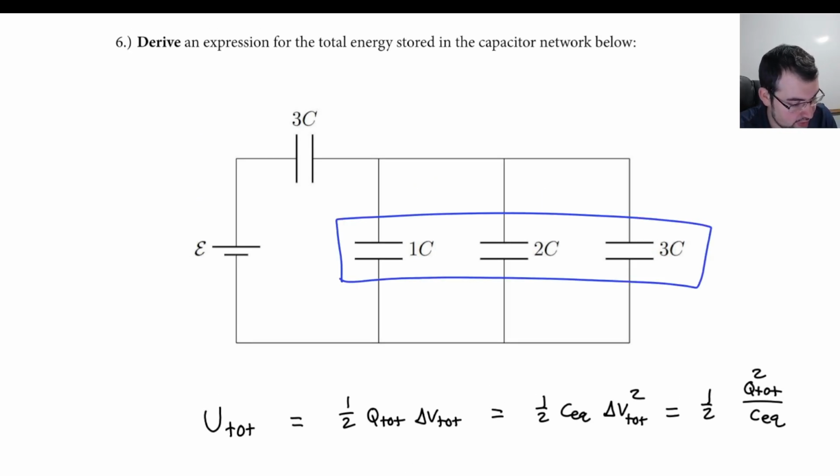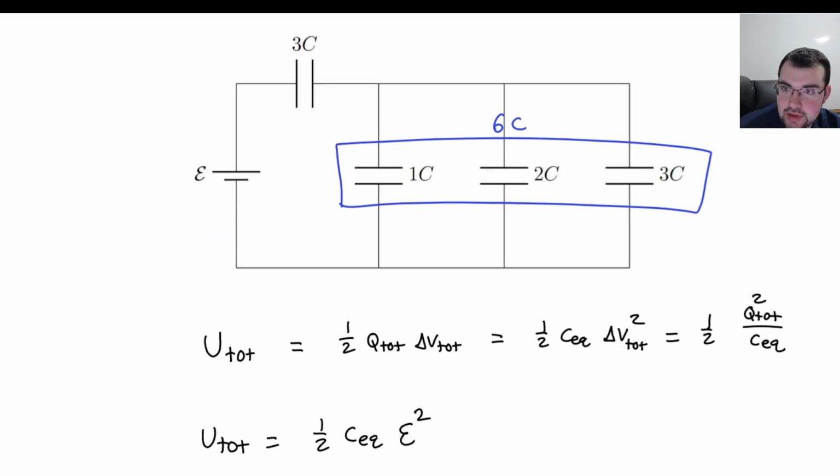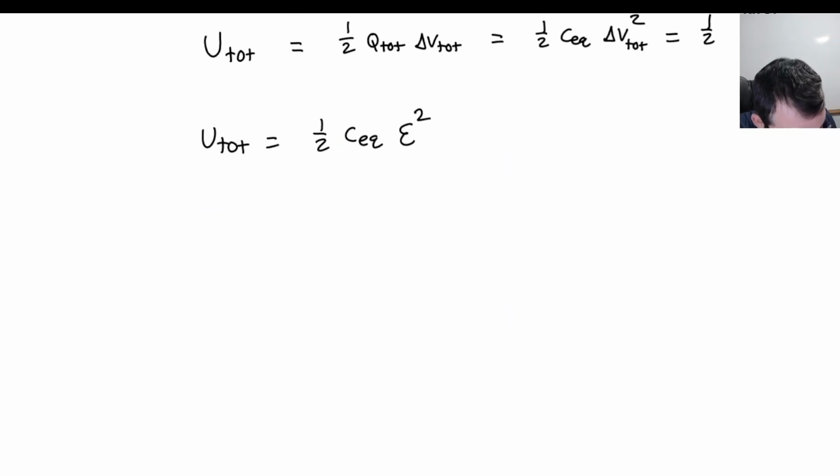This is not difficult. These are 3 capacitors in parallel. So parallel capacitors add, so we get 1, 2, and 3, which makes 6. So what does that leave us with? Well, that leaves us with a 3 and 6 in series.